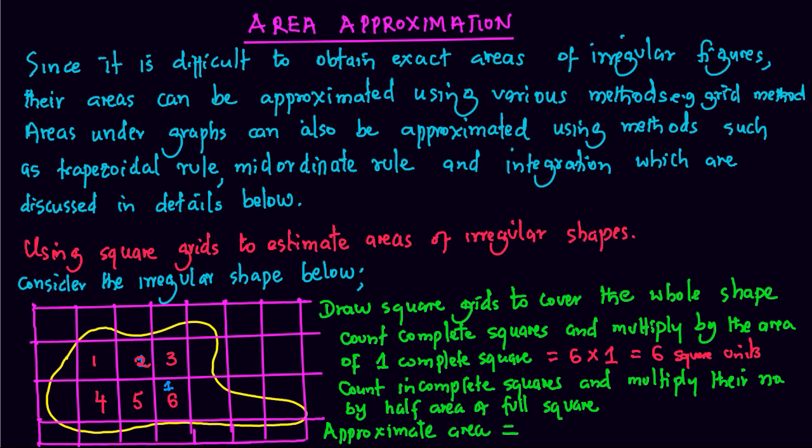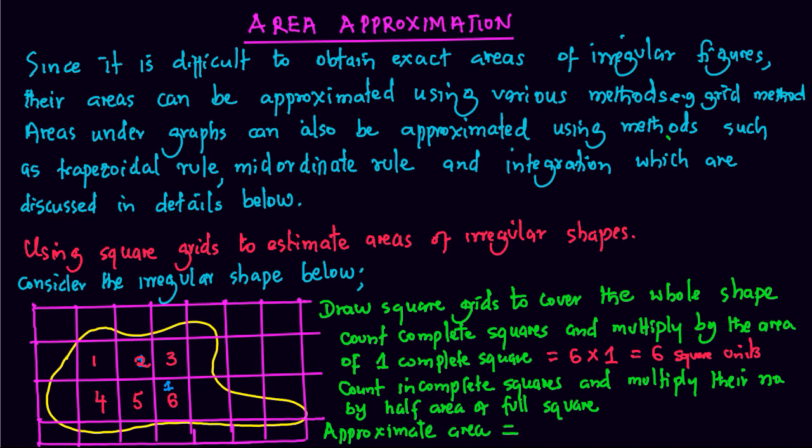Next, we count all incomplete squares and we assume each incomplete square is equivalent to a half the area of a full square.